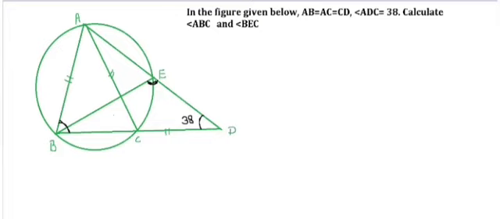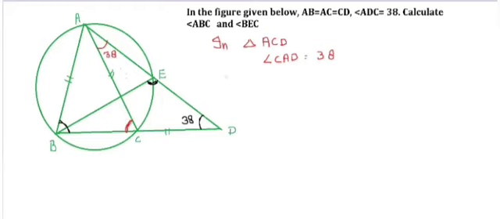Now, here ABC is an isosceles triangle and ACD is also an isosceles triangle. So first we can take triangle ACD. Because it is an isosceles triangle, this angle is also going to be 38 degrees. So we can write angle CAD equals 38. Now if these two are 38, this we can find out.